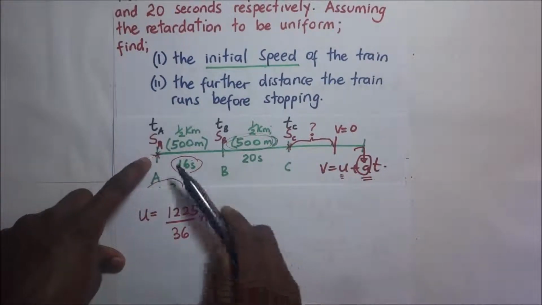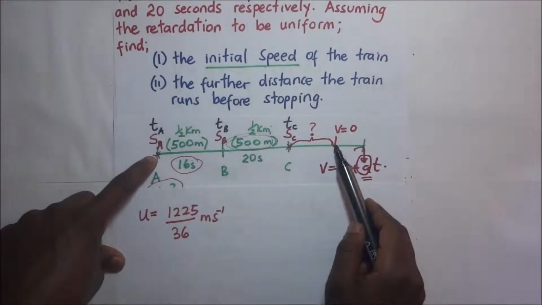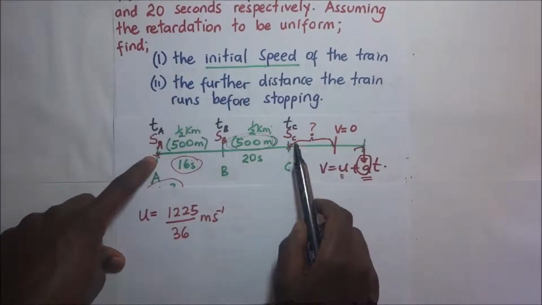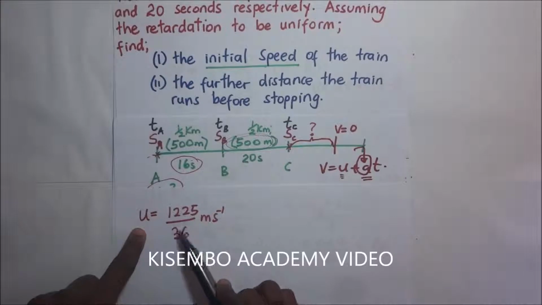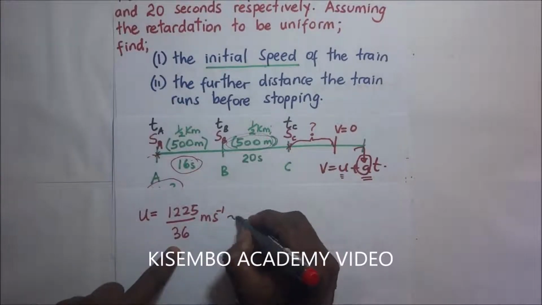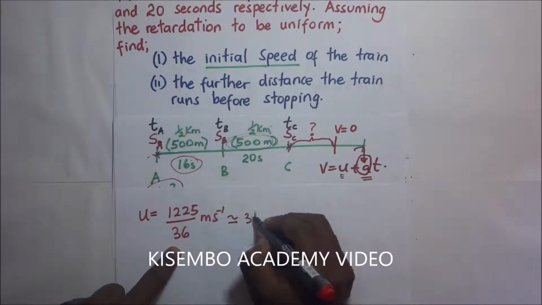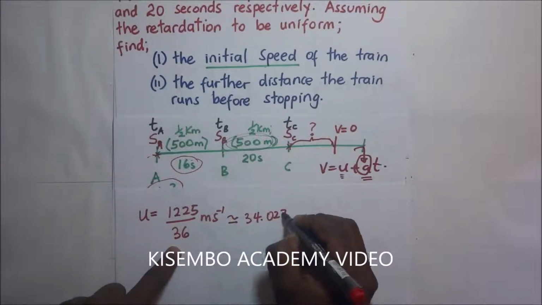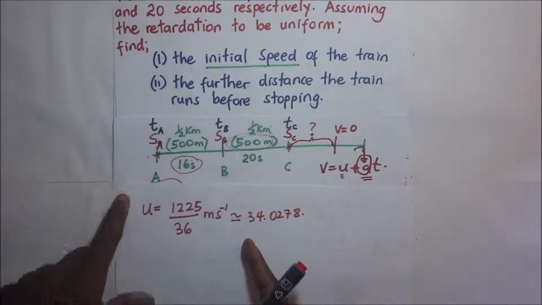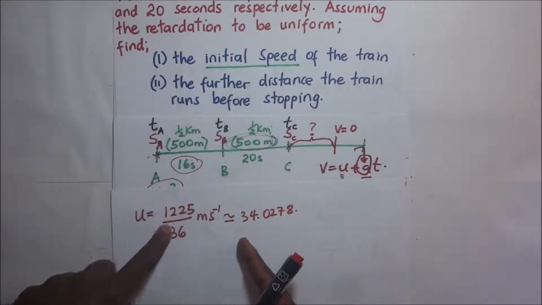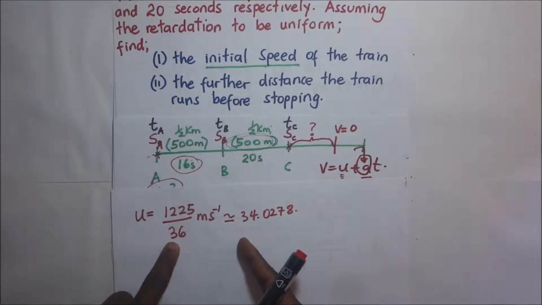From our diagram, we see that getting to this point v is equal to 0. Of course, this is approximately 34.0278, but I prefer to use the fraction form so that I do not tamper with the accuracy of my calculation.